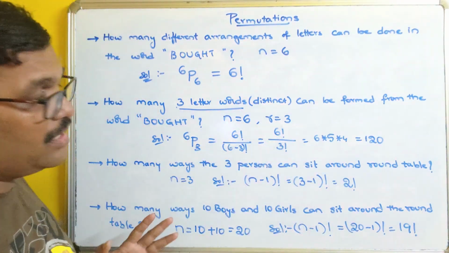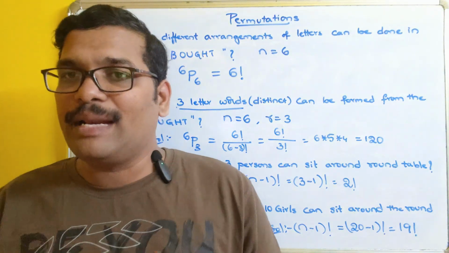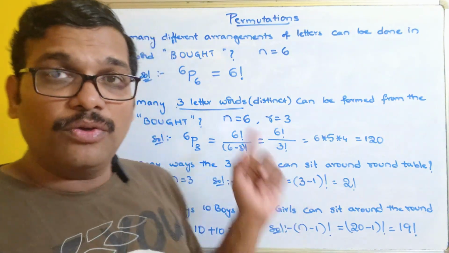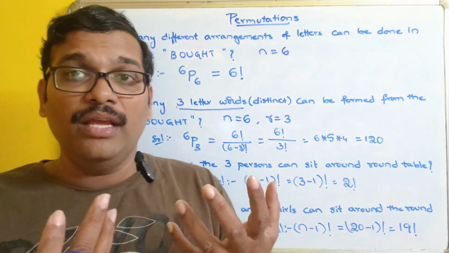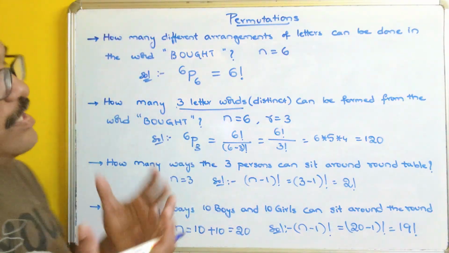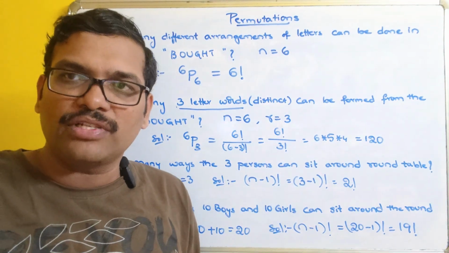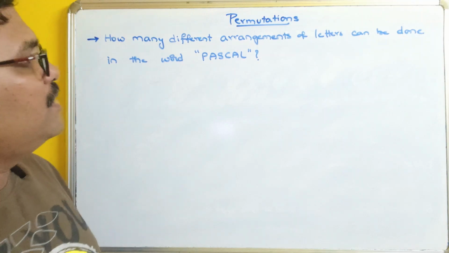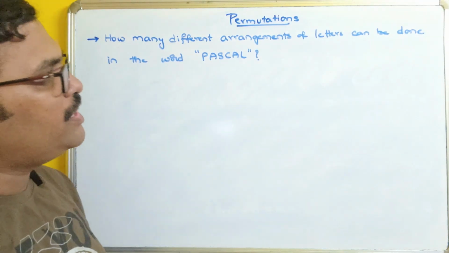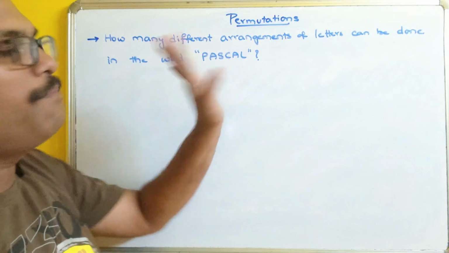Now we'll see the third category, that means how can we solve when there is a repetition. Taking Pascal as an example, how can we find the number of arrangements? Let us solve those kinds of problems right now. Same question: how many different arrangements of letters can be made in the word Pascal?